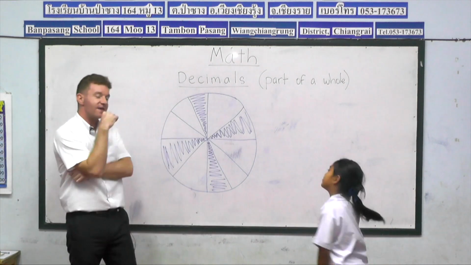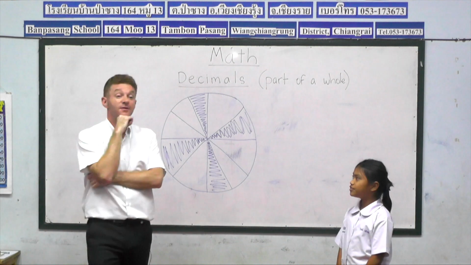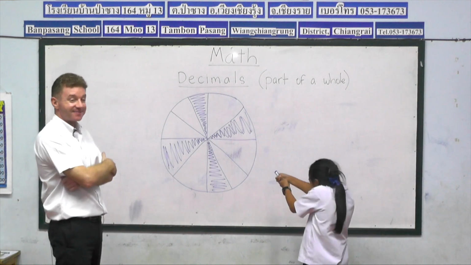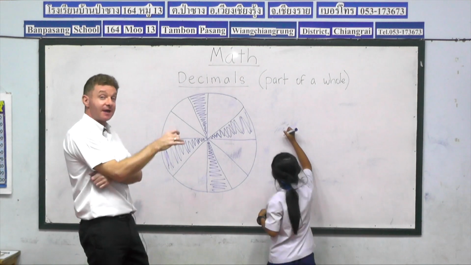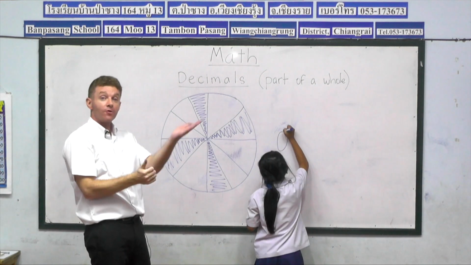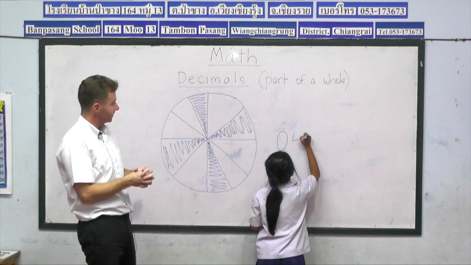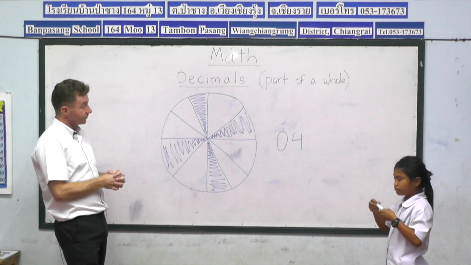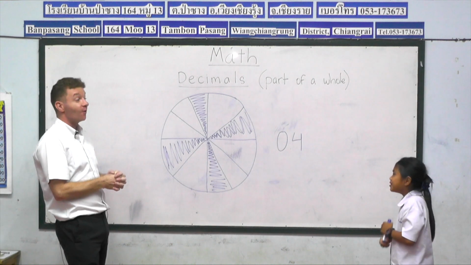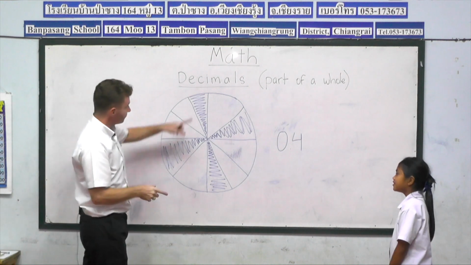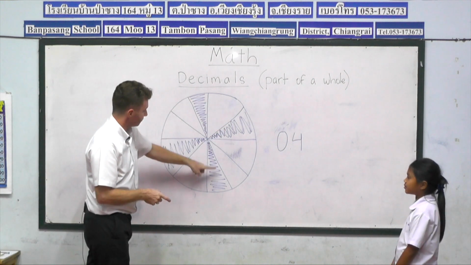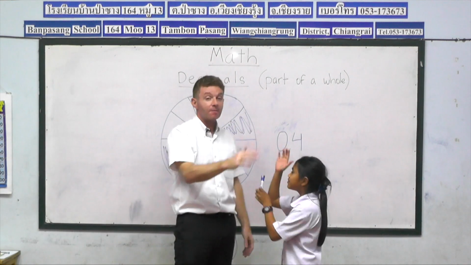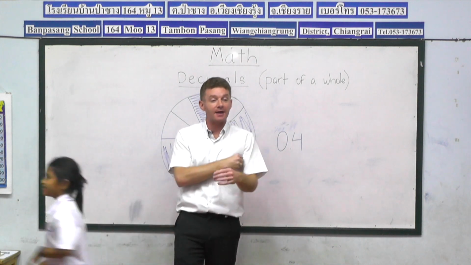So, what will our decimal look like, Pakbung? 0.4. Correct. You see, for each part of the circle that we colour, we just go 1 up behind the decimal point. 0.4. So Pakbung, can you say? 0.4. 1, 2, 3, 4. Pakbung, that was excellent. High five and a big round of applause for Pakbung, guys.